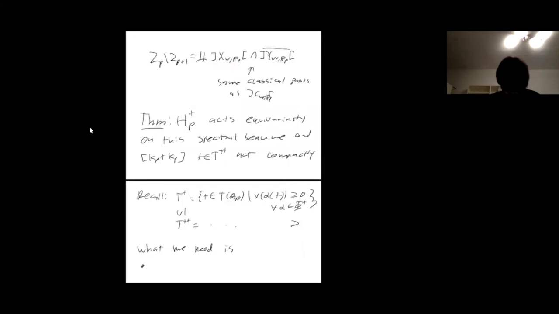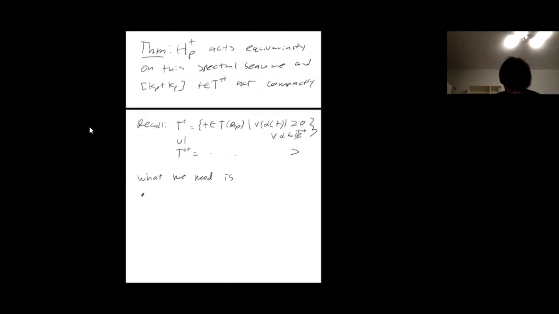In other words, we need that the tube over the Schubert variety, and now you're going to really get upset with me because I'm having in the same formula tubes and then parentheses for double coset operators, but okay, notation is terrible.